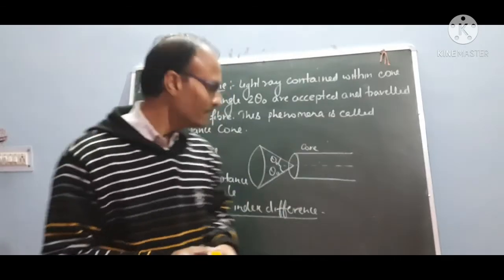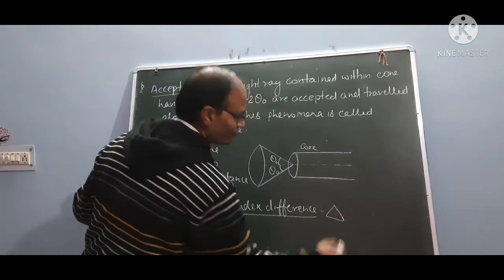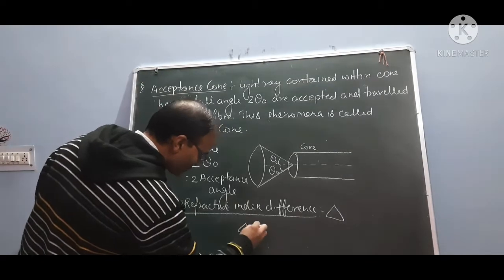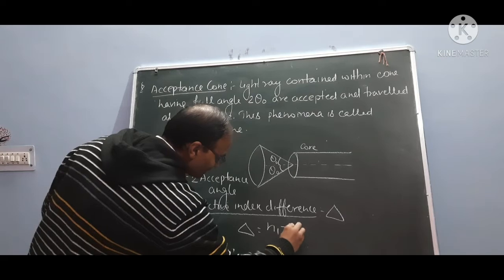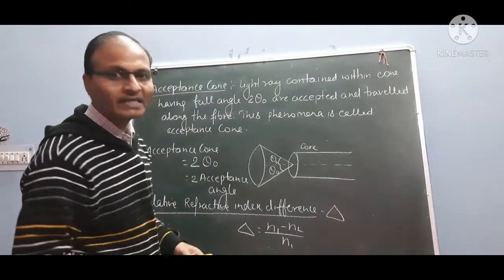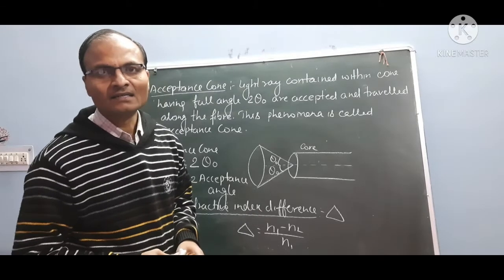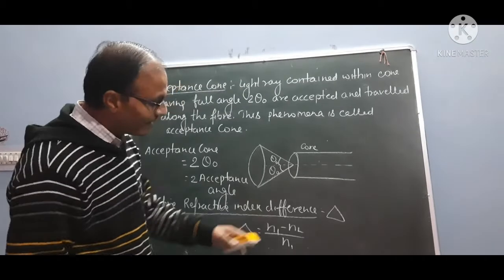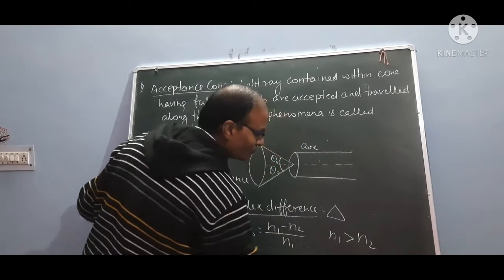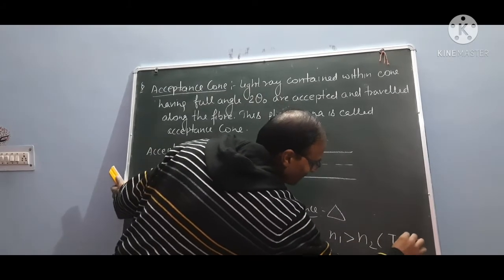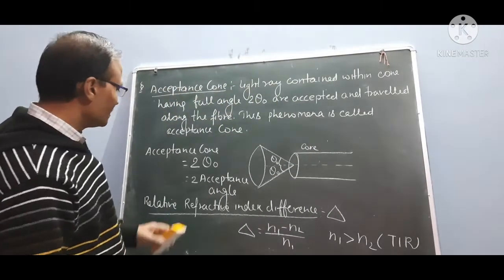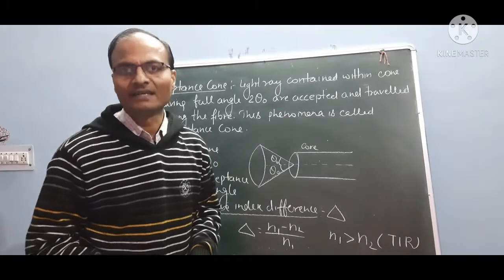It is denoted by delta. So delta is n1 minus n2 upon n1. If we calculate the value of delta, n1 is always greater than n2 for total internal reflection. So this is called relative refractive index difference.